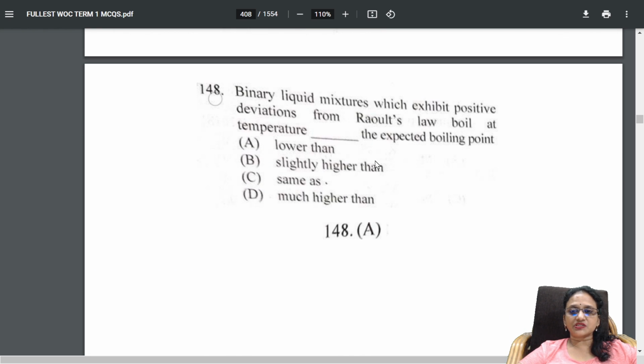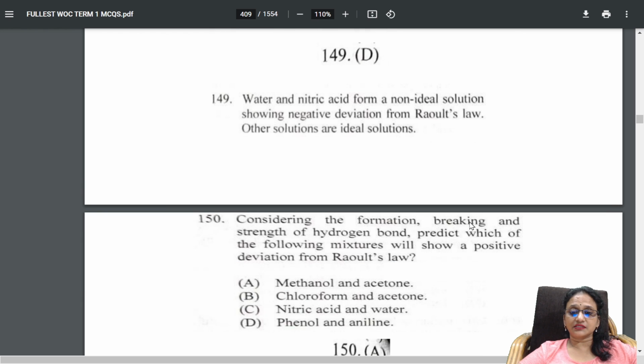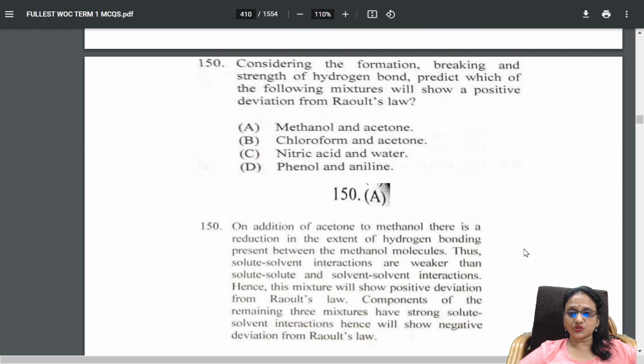Binary mixtures which exhibit positive deviation. Which of the following is a non-ideal solution? With the examples, they're going to ask you which is ideal, which is non-ideal, which is positive deviation, negative deviation.